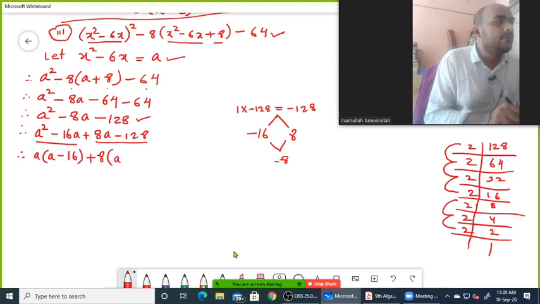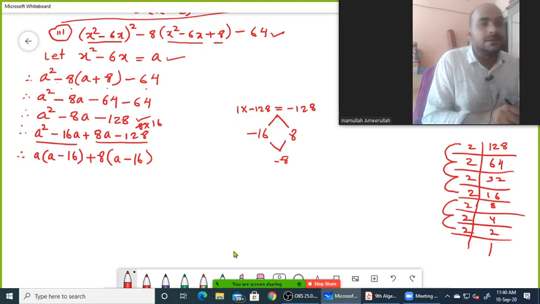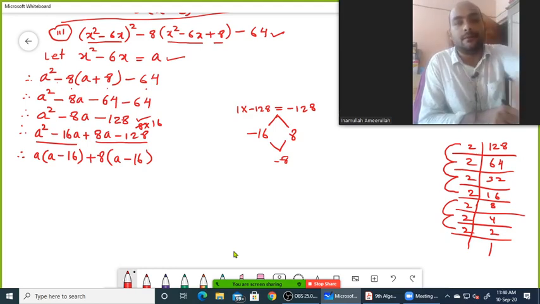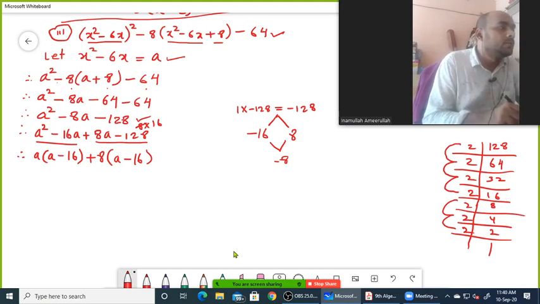So here we will be left with a minus 16 again, because 8 times 16 will give you 128. So if you take 8 out of the bracket, 16 will be left within the bracket. So a minus 16 is the common factor.